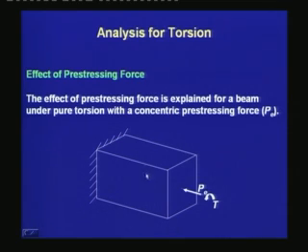What we are observing for this section is this beam is subjected to a pure torsion due to the torque T, and it is also subjected to a concentric prestressing force, and this concentric force will have uniform compression throughout the section, and that will lead to an increase in the cracking load.